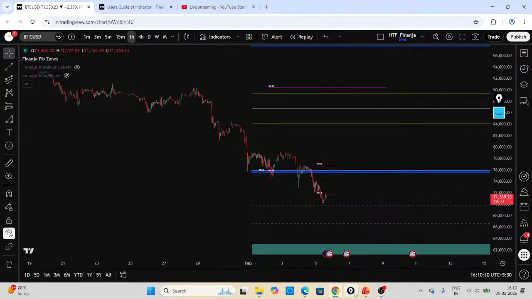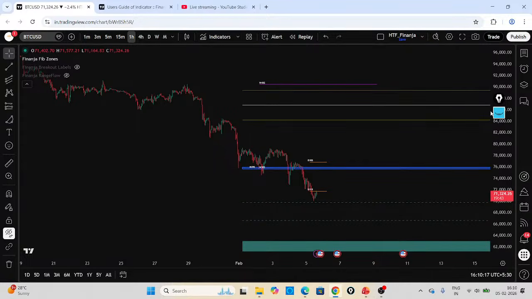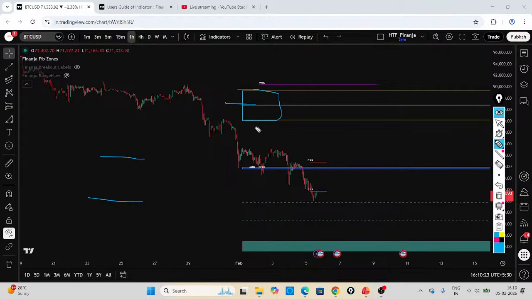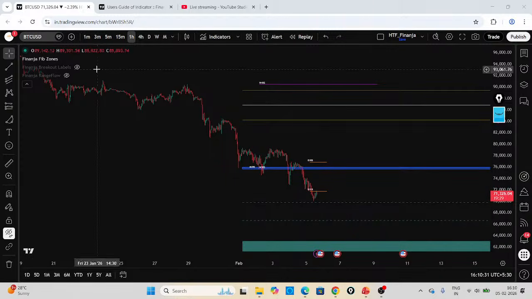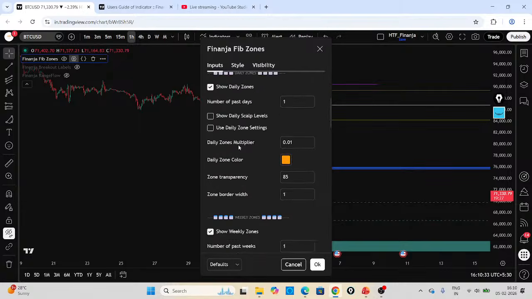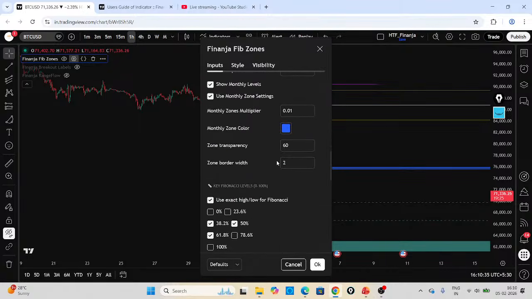And again, you need to see the bias. If the market is below the 50% line, or we can say this zone, if it is below this zone, it is a downtrend move only, you can consider it. And in order to backtest it properly, I'll be going for monthly levels.